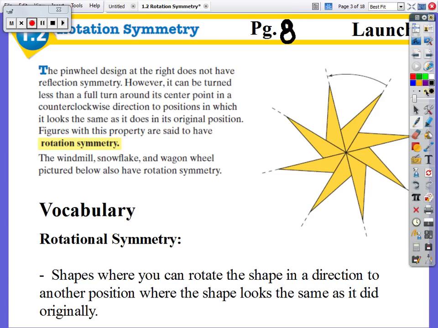Okay, so if you have your book, your kaleidoscopes, hubcaps, and mirrors, rotational symmetry is where you can rotate the shape in a certain direction to another position where the shape looks the same as it did originally. So if you can imagine taking this pinwheel and just rotating it either in a counterclockwise or a clockwise direction, and every time you rotate it so that one of the points moves to another point, it's basically going to look the same every single time.